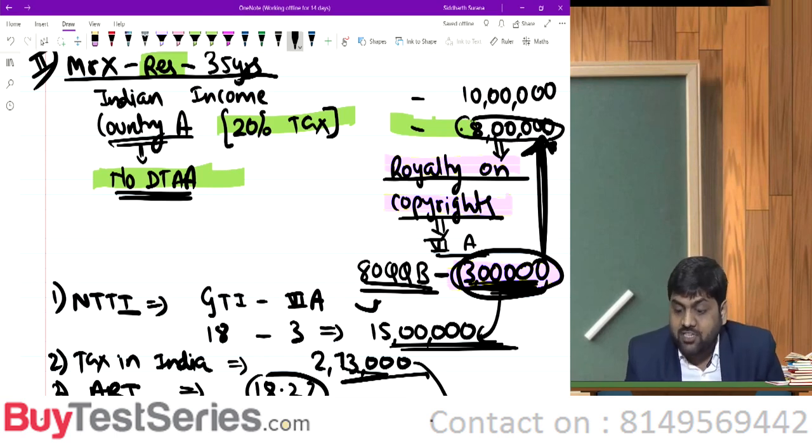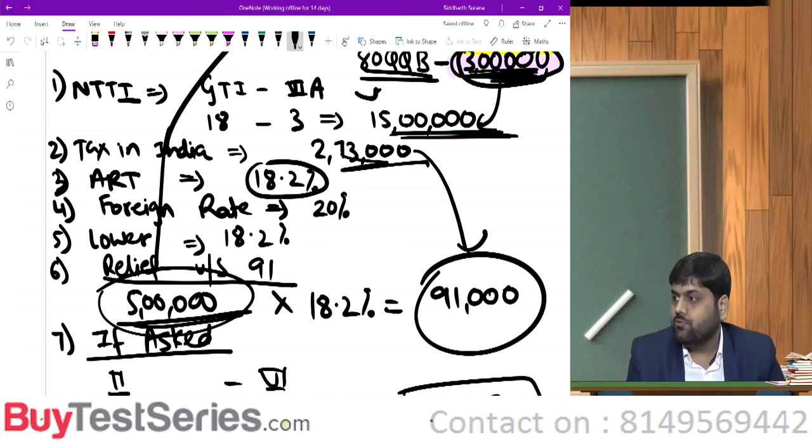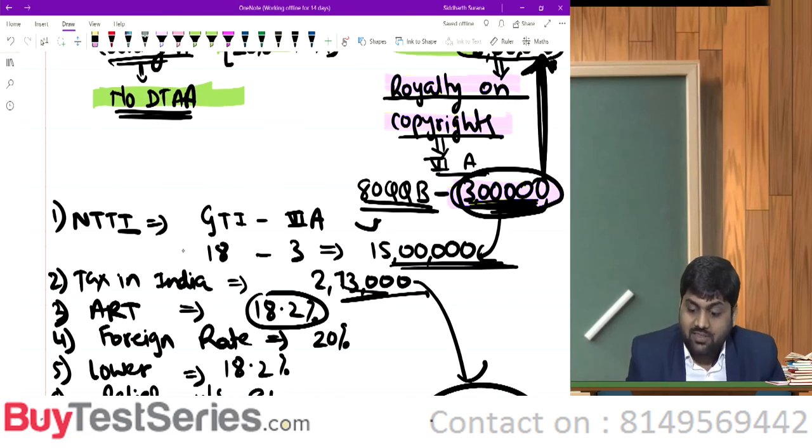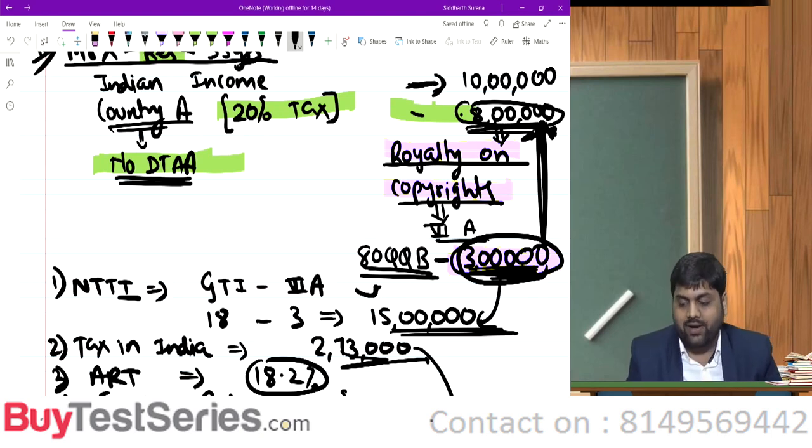No. That means, can we say that we have taken only against 8 lakh? No. In such cases, what ICAI has done, ICAI in all its suggested answers takes those deductions against the Indian income and brings full foreign income in your eligible amount. Full foreign income. But that is possible only if it is not directly related to 8 lakh.